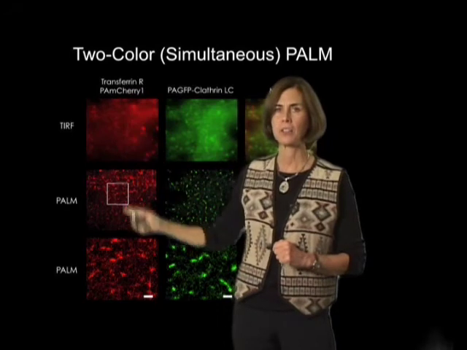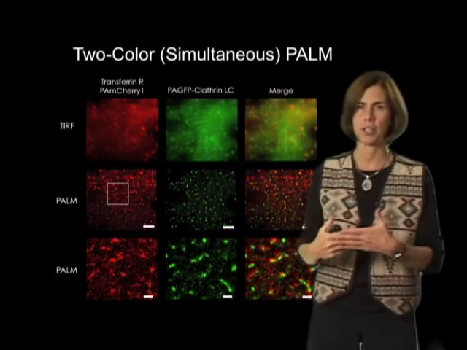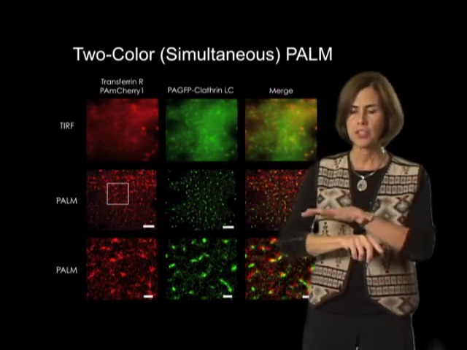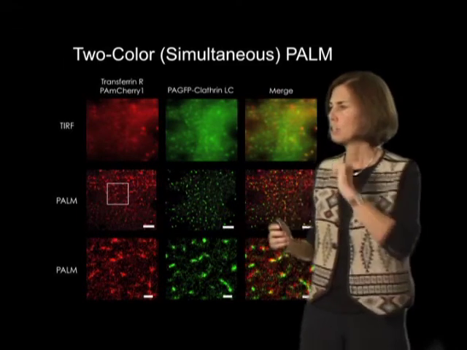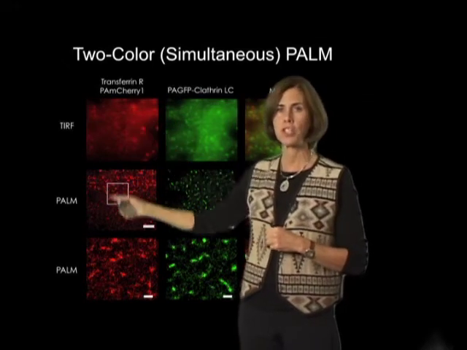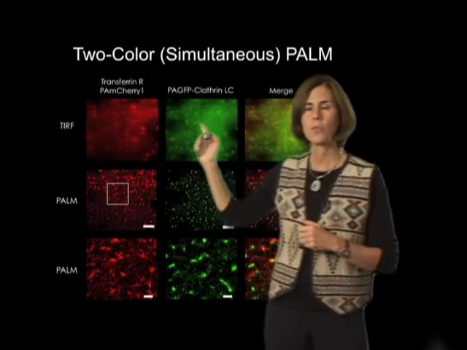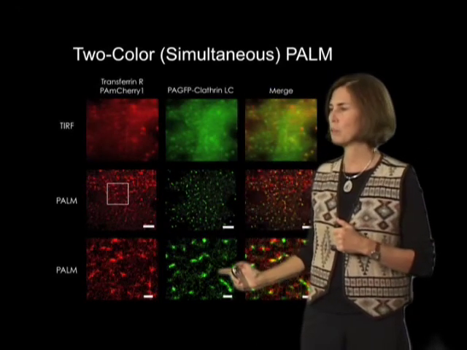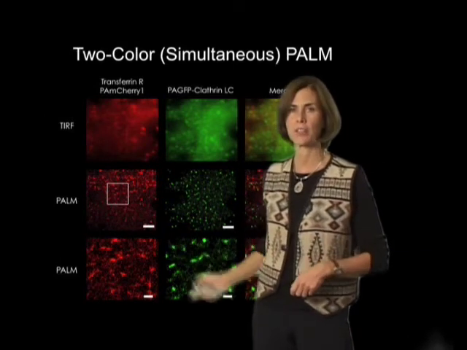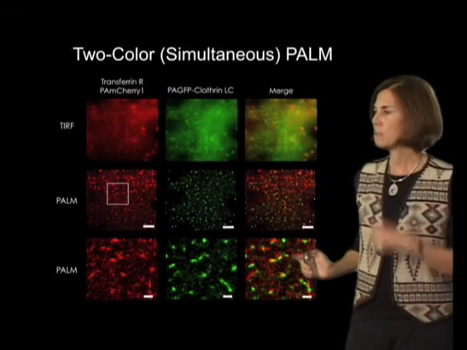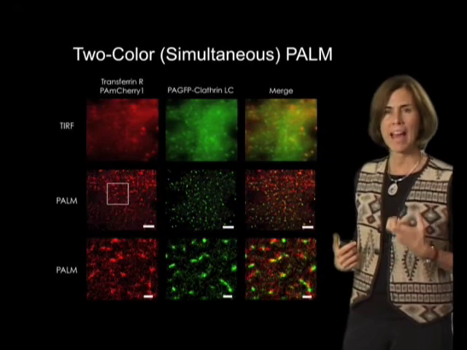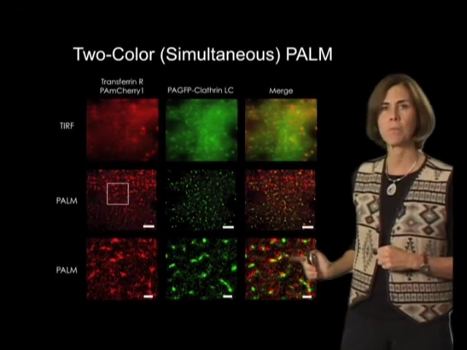Now what this allows is the simultaneous detection of these two molecules, transferrin receptor and clathrin, in a single cell, simply by switching on with a UV laser pulse either the M-cherry, which gives you the red signal, or the PA-GFP, which gives you the green signal. And what you can see in this super resolution image right down here is a co-distribution of these two molecules within densely packed structures that we believe are clathrin-coated pits.